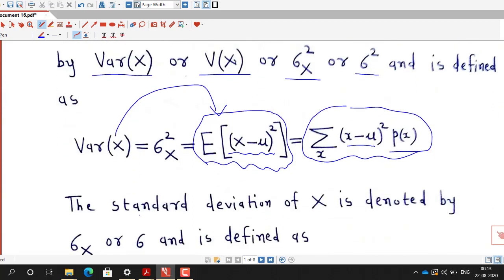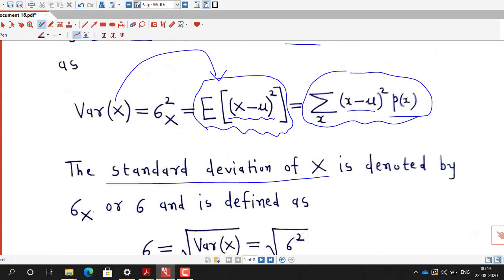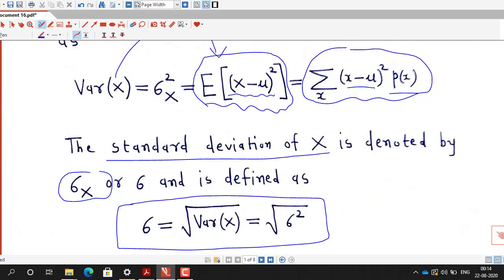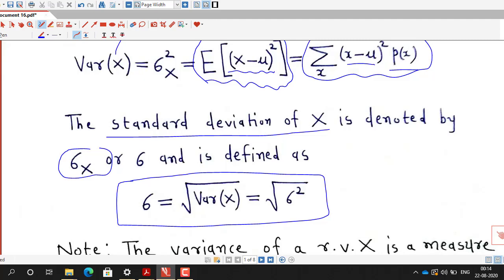The standard deviation of capital X is denoted by sigma X and is nothing but square root of variance of a random variable X. So standard deviation is nothing but square root of variance of X. So we can write it as square root of sigma squared.